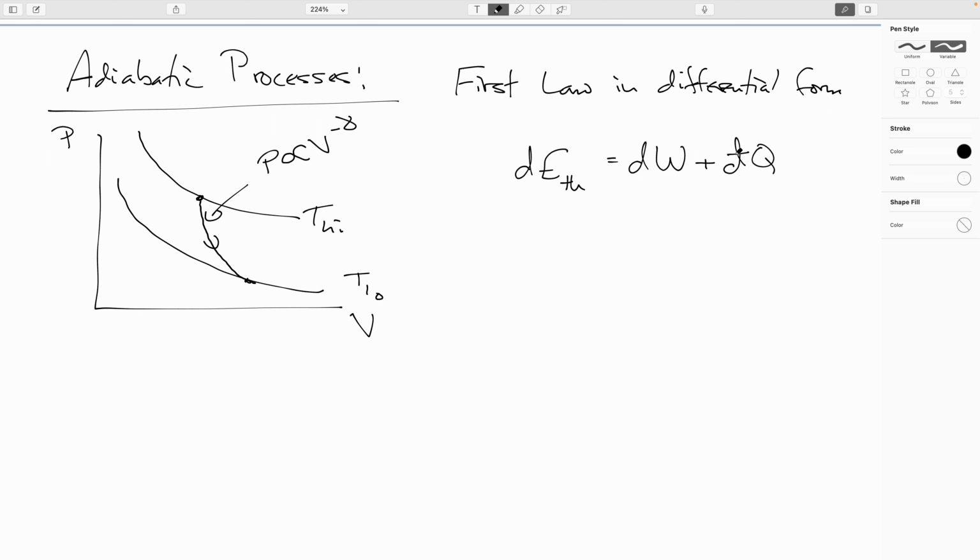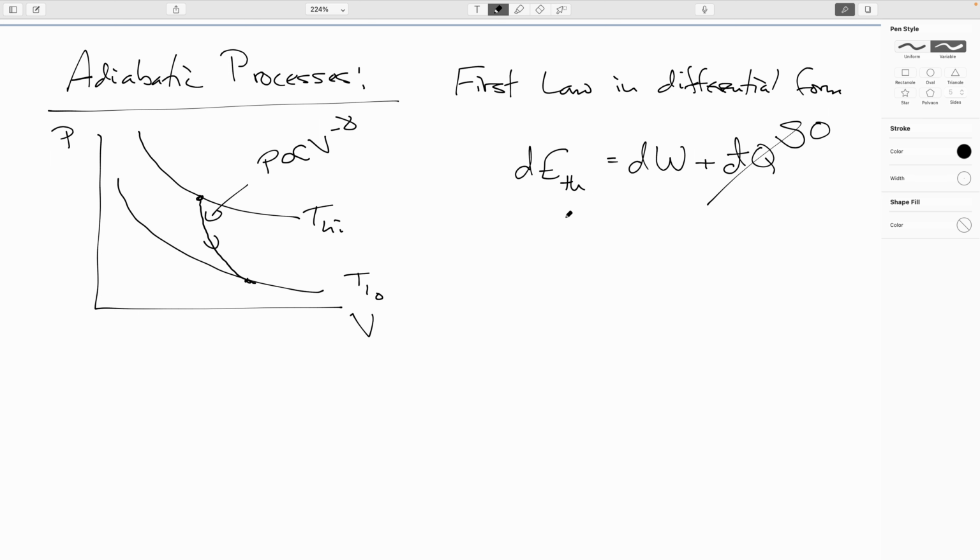So if you ever need to integrate this, you actually have to just think of it as a sum. But here we're not going to have to worry about that because this is an adiabatic process. Since it's an adiabatic process, this term is 0 anyway, so I can just let it go. And I get that dE thermal is equal to dW.